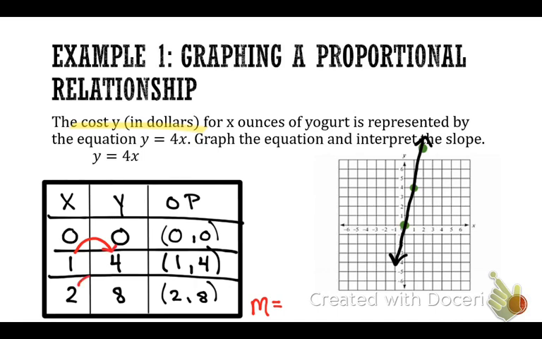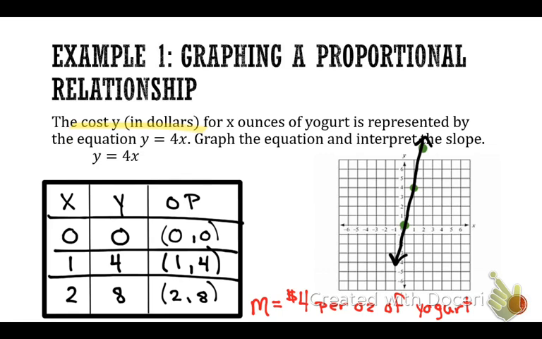If I order 2 ounces, it costs me $8. Guess what's going to happen if I order 3 ounces? $12. So my slope, my rate of change, this number tells me that I am paying $4 per ounce of yogurt. Okay? So if that number was lower, 75 cents, $2, $1, that would tell me how much money per ounce it was going to cost, and I could predict my cost. All right, that's what it's asking me to do here.